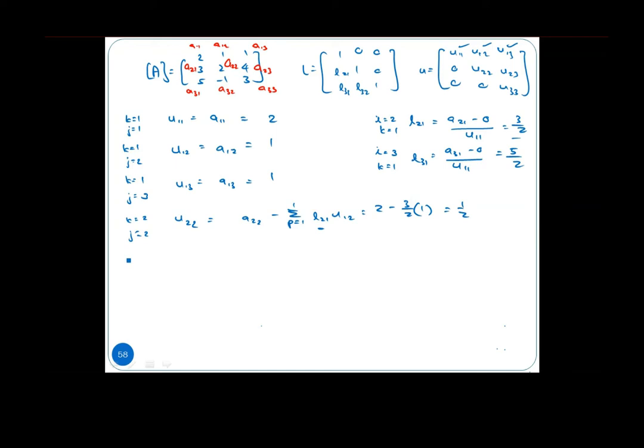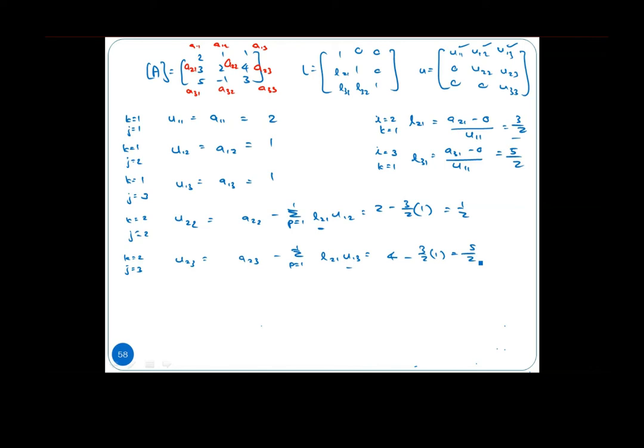Then for K equals 2, J equals 3, U23 equals A23 minus L21 U13, which is 4 minus 3 over 2 times 1, so we have 5 over 2.